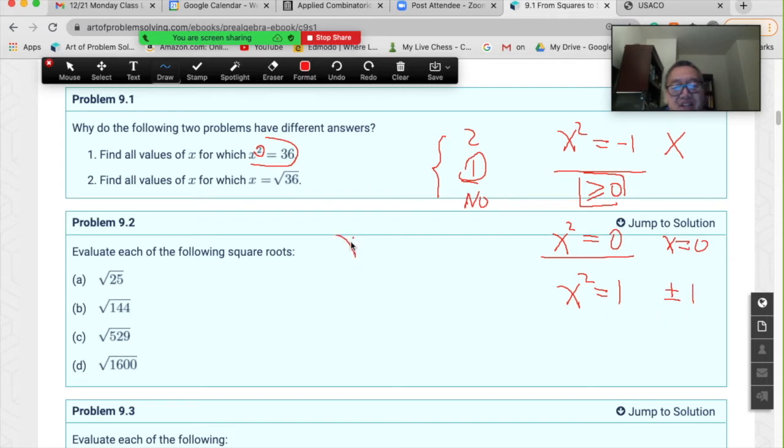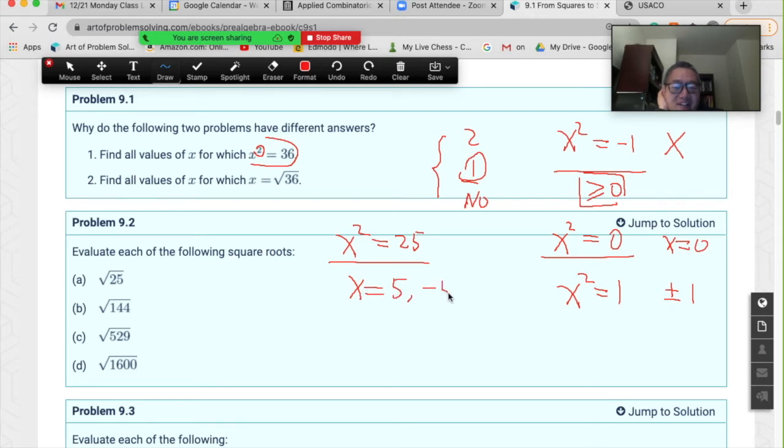So now let me ask you, if x squared equals 25, can you solve this equation? X squared equals 25. Then what is x? 5. Only 5? 5 and negative 5, right? 5 definitely is a solution.